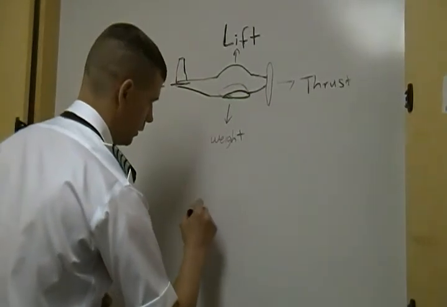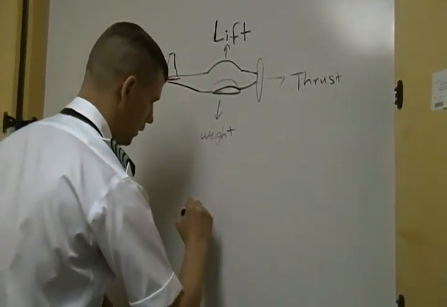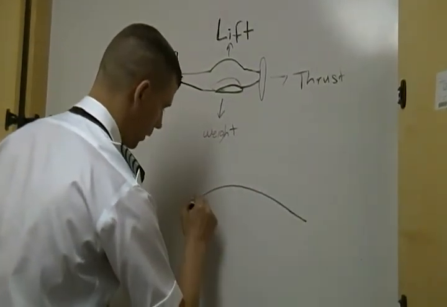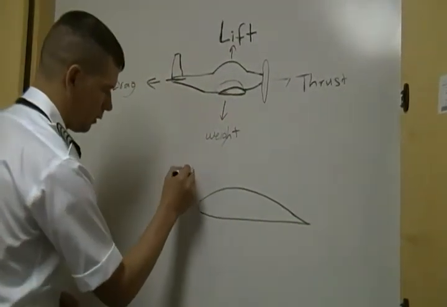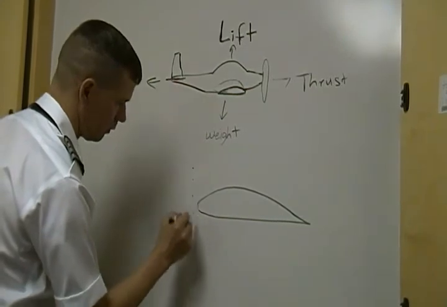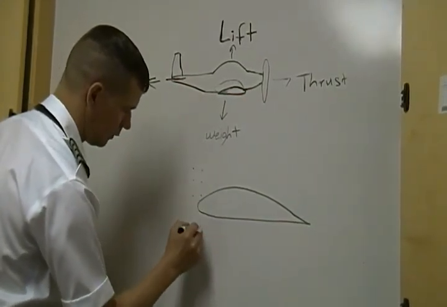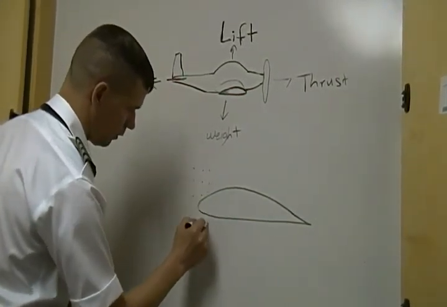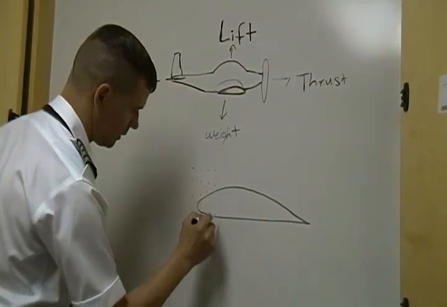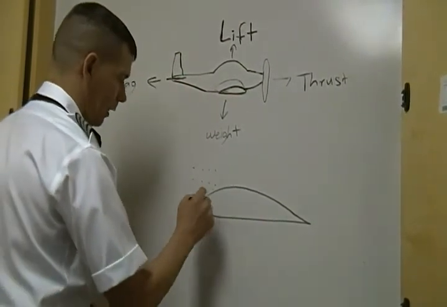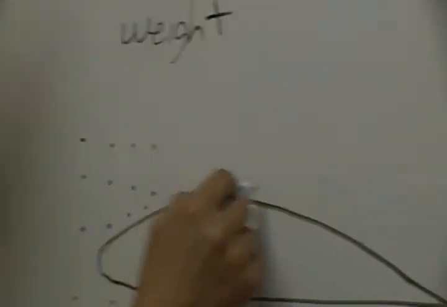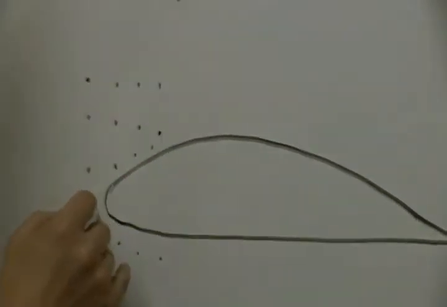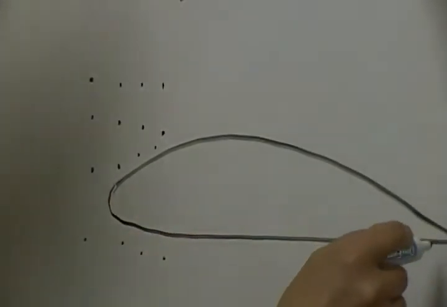The universe likes a nice orderly state. So these air molecules like to be lined up, and they like to be in this order. The air molecules on top have a further distance to travel because of this greater arc, as opposed to the bottom air molecules.